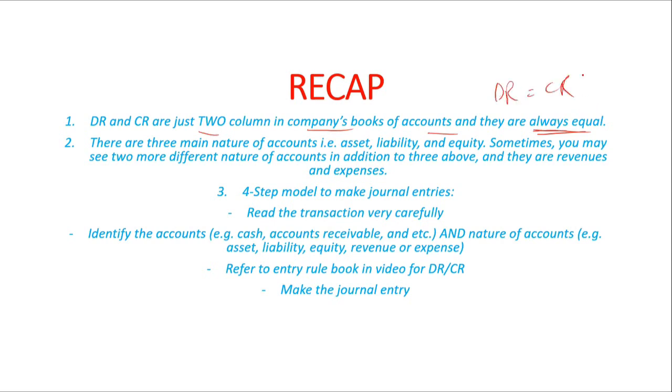Even in the transactions that we did previously, you see all the amounts were equal. Debit and credit have to be equal. If you cannot make them equal, then there's something wrong. Then there are three main natures of accounts: asset, liability, and equity. Besides that, there are two others, which are revenue and expense.